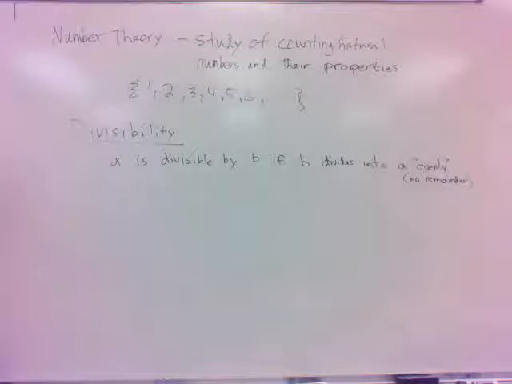So 10 is divisible by 2, or 10 is divisible by 5, but 10 is not divisible by 3, right? 3 doesn't go into it evenly.